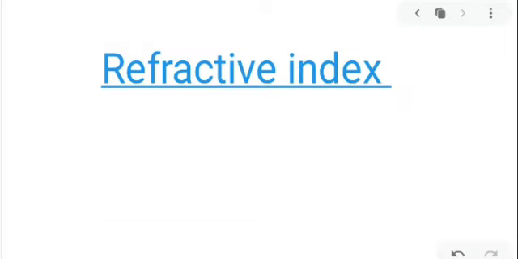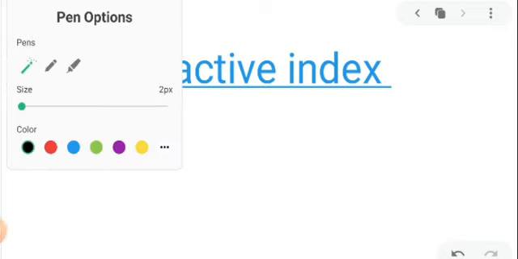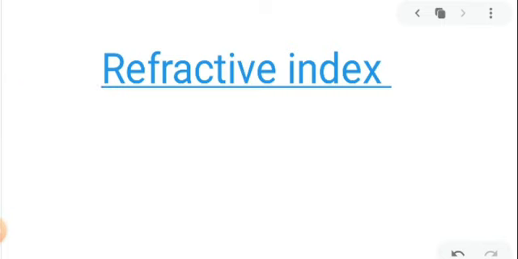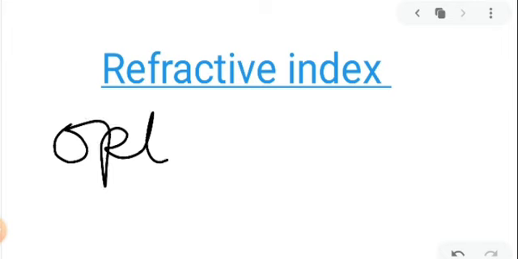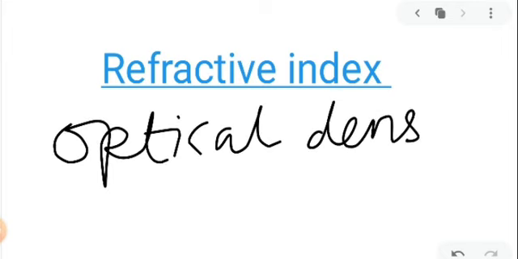See, roughly speaking, refractive index actually refers to the optical density. Refractive index speaks of optical densities.